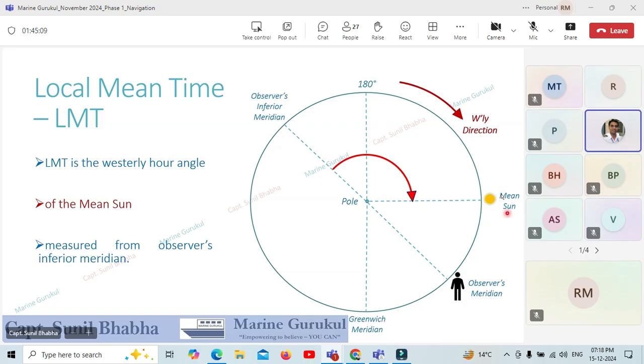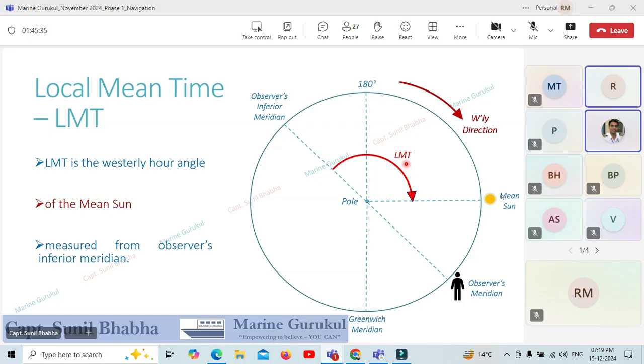We have measured the angle up to the mean sun, and it is measured from the observer's inferior meridian. So starting from the observer's inferior meridian, going in the westerly direction and going up to the mean sun, this particular angle is what we call the LMT, local mean time.